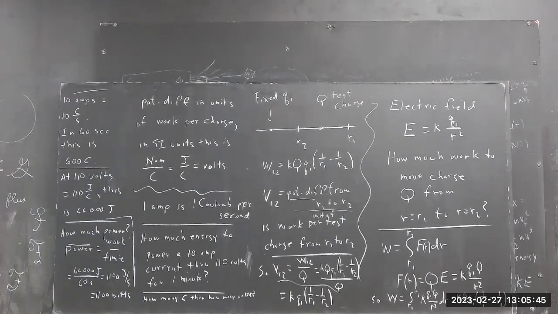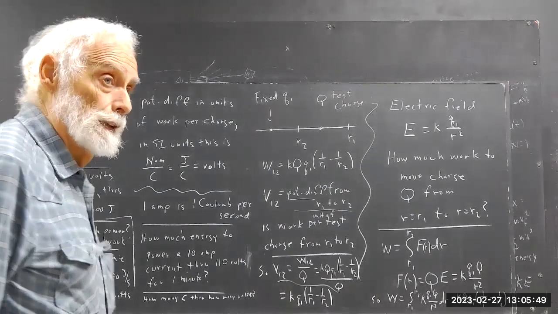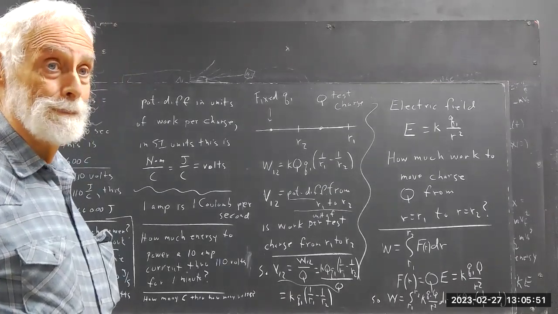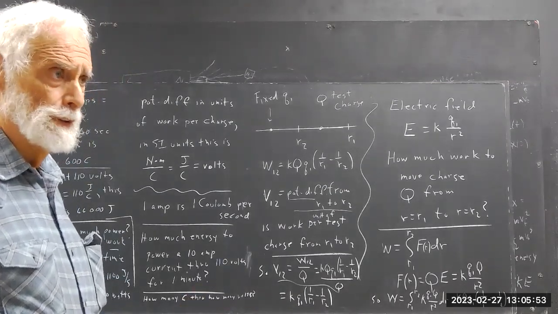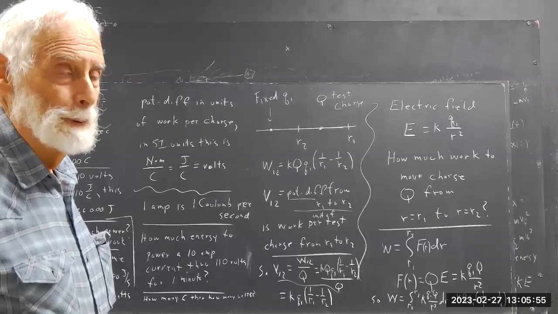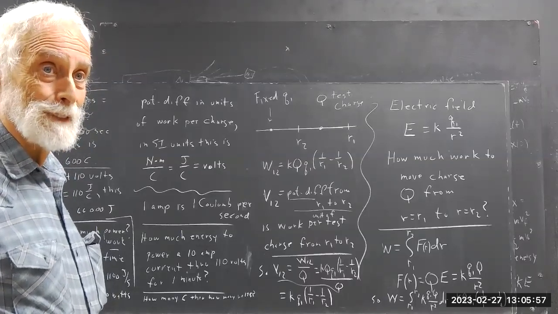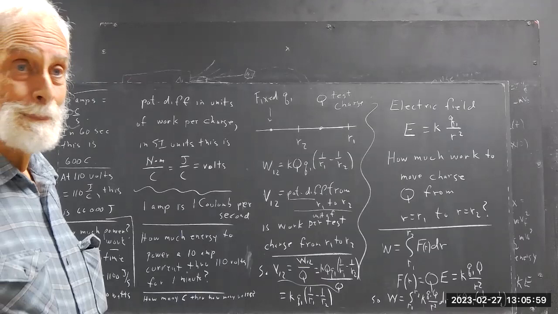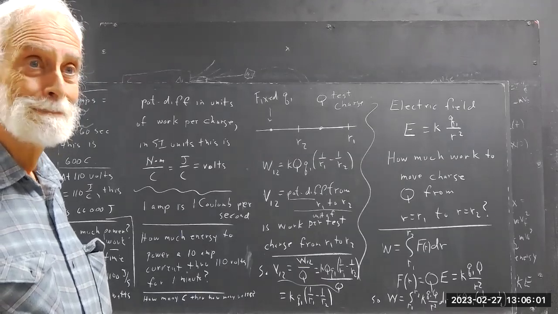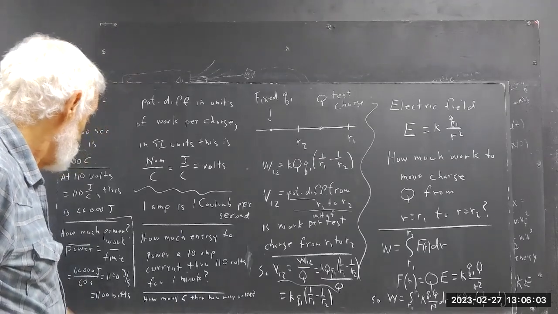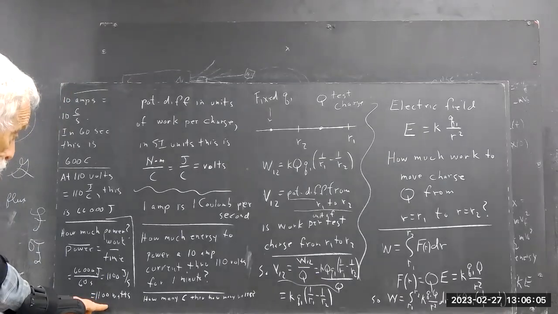How much does the power cost you? Oh, around here, it's something over 10 cents a kilowatt hour. Okay, well, 13 cents. I don't pay that much attention. I know about what it is, you know, what my electric bill is. But I don't keep track of it.